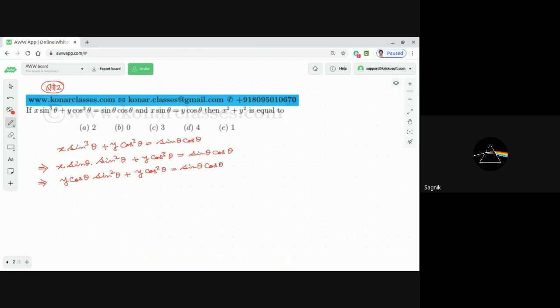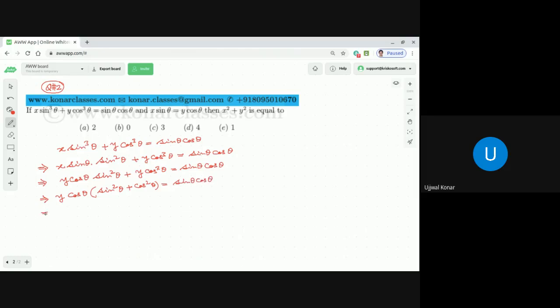So I got E. You got E, perfect. 1 is the correct answer. Very good. This implies y cos theta, if you take common, then it is sin square theta plus cos square theta, that is equal to sin theta cos theta.